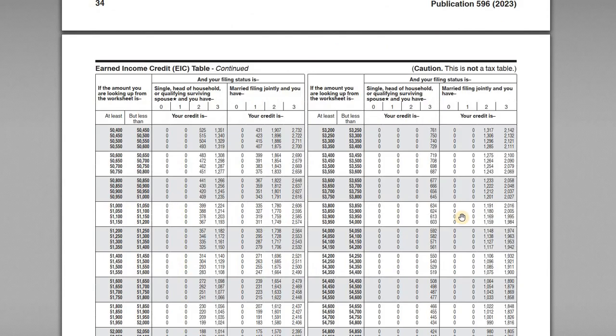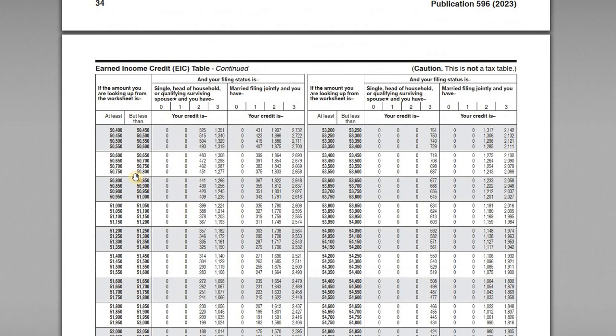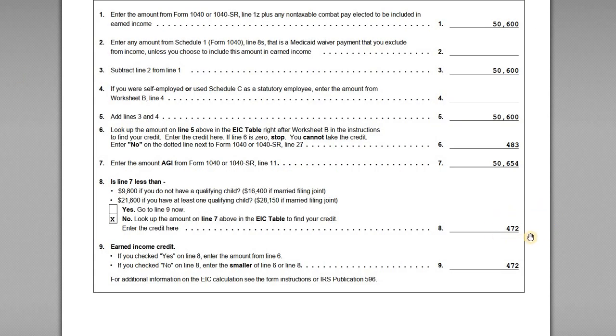So we go back to publication 596, we're looking up $50,654. So we're within this range right here. So 50,650 to 50,700. So move from left to right, and we find ourselves at $472. So 472 is the value on that AGI.